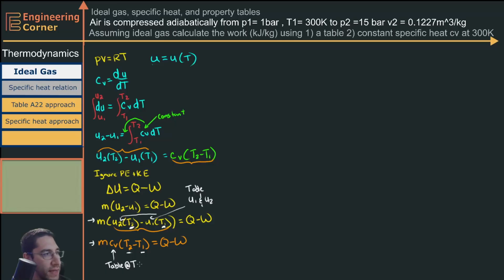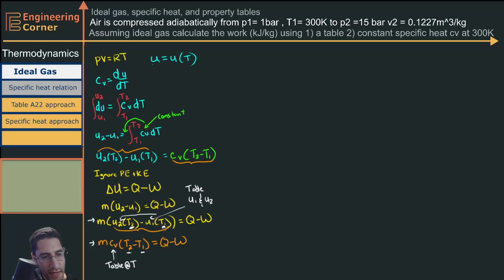If we assume ideal gas, we want to calculate the work in kilojoules per kilogram using a table, and also assuming constant specific heat at 300 degrees Kelvin. The other assumption we are going to make is that we're going to ignore kinetic and potential effects.